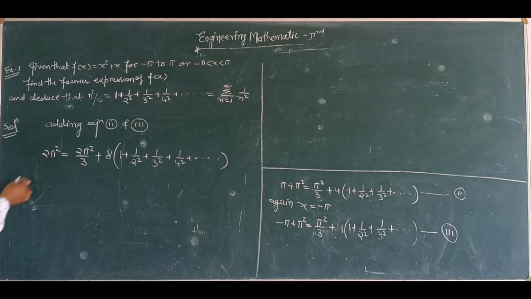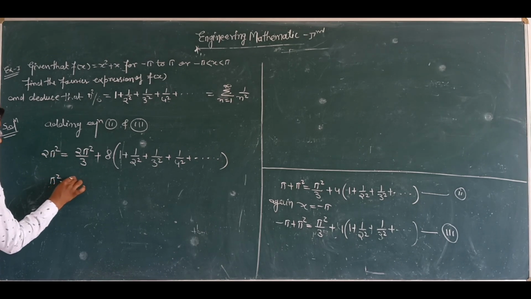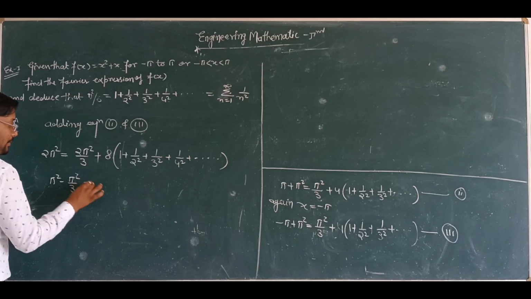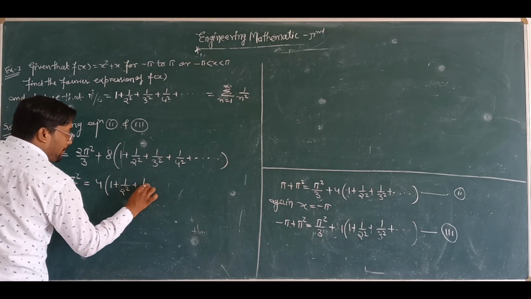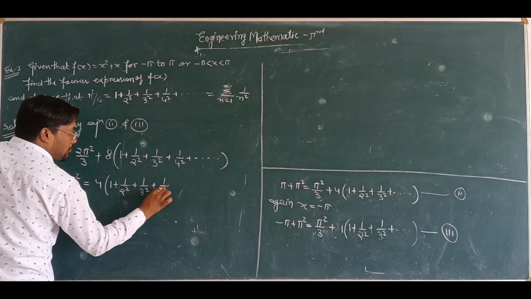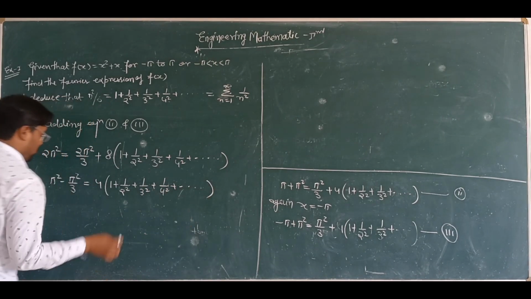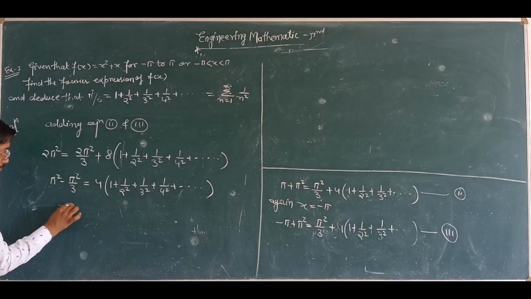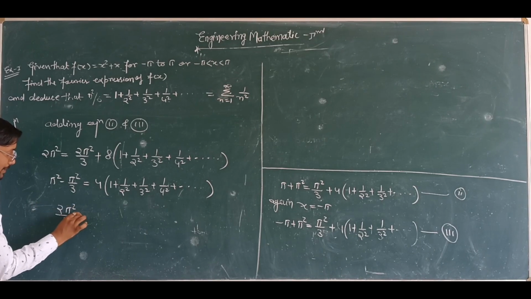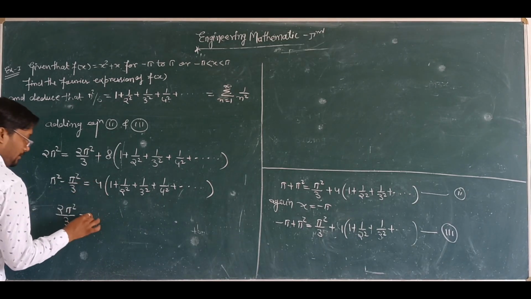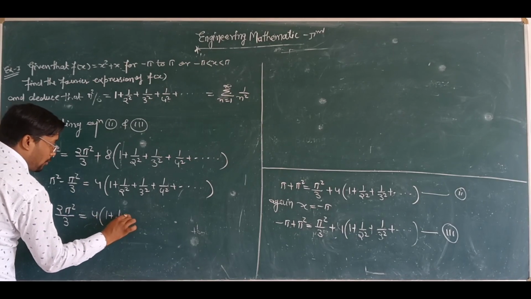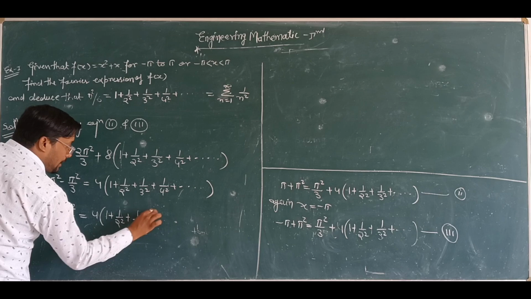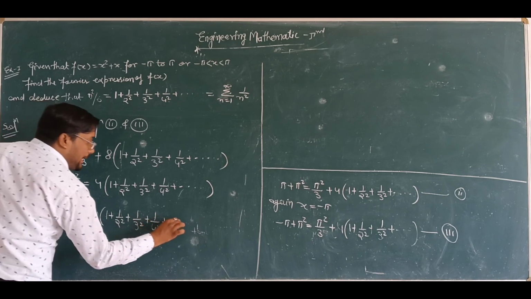Now you can solve this problem. You can write pi square minus pi square by 3 is equal to 4 bracket 1 plus 1 upon 2 to the power 2 plus 1 upon 3 to the power 2 plus 1 upon 4 to the power 2 and so on. You can write 2 pi square upon 3 is equal to 4 bracket 1 plus 1 upon 2 to the power 2 plus 1 upon 3 to the power 2 plus 1 upon 4 to the power 2 and so on.